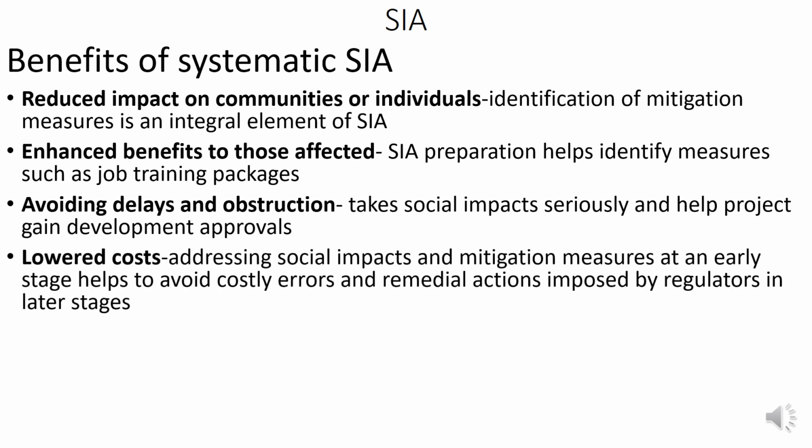Then we also have lowered cost. Sometimes when we have these impacts and you have proper mitigation measures at very early stages of the project, then you avoid errors that may arise, and also remedial costs that may come up as a result of regulators trying to stop the project at later stages once the project has started.